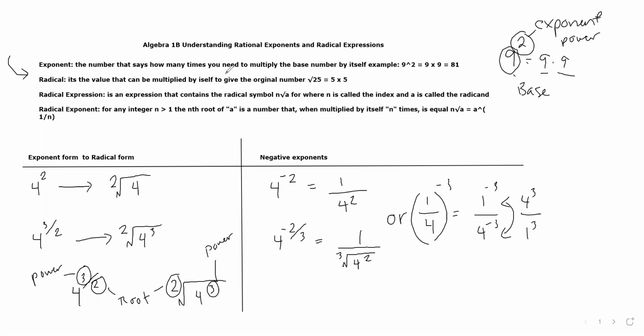I know it can be a little confusing, but that's pretty much all it's saying. If I had a different exponent, like 9 raised to the third power, it's not 9 times 3. It is 9 times 9 times 9.